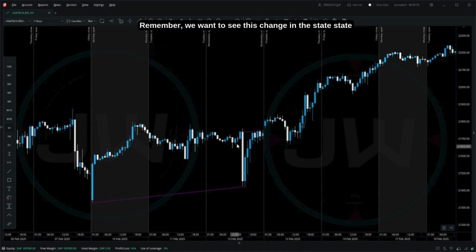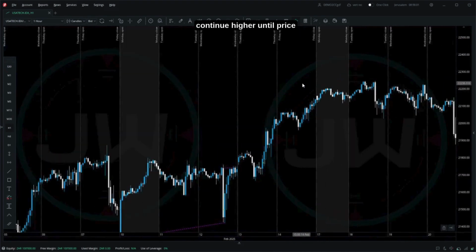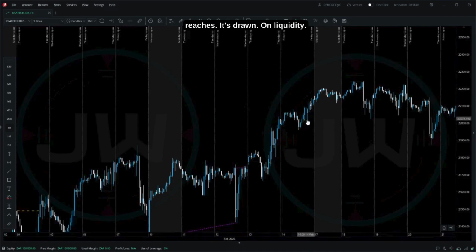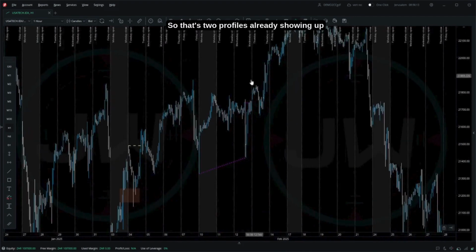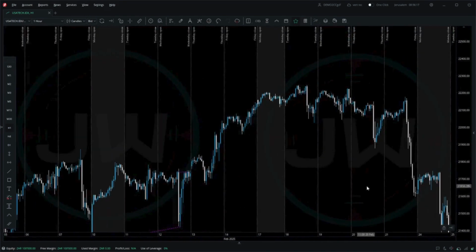Remember, we want to see this change in the state of delivery on the 1 hour time frame. And so from there you can see price respects the bullish order flow, and we continue higher until price reaches its draw on liquidity. So that's two profiles already showing up in the first 2 weeks of February.